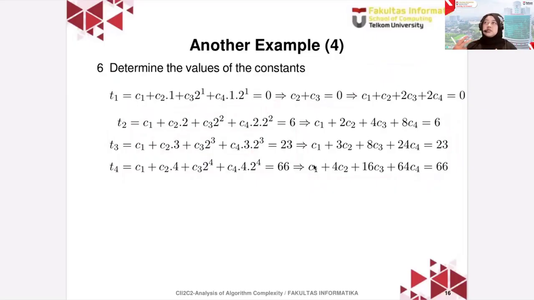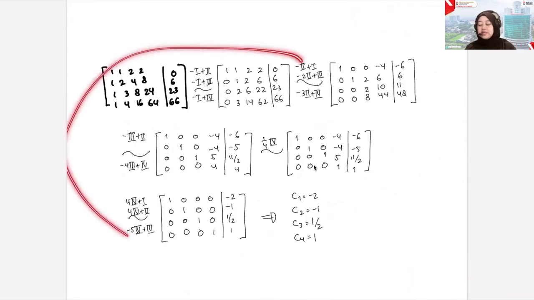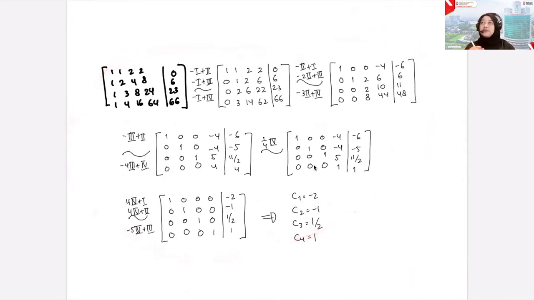You can use substitution and also elimination, but personally, I prefer using elementary row operations. So I will use a matrix for presenting these four equations, so I can find C1, C2, C3, and C4 by using the elementary row operations.